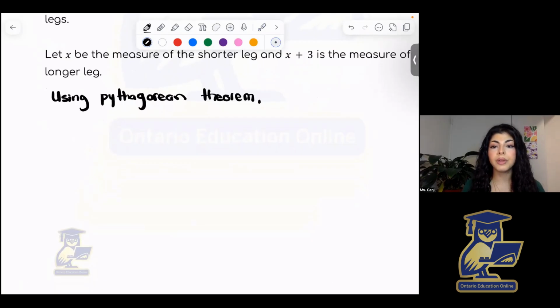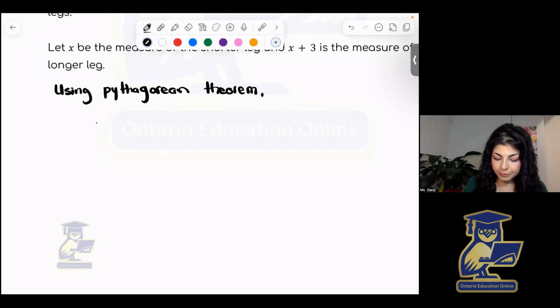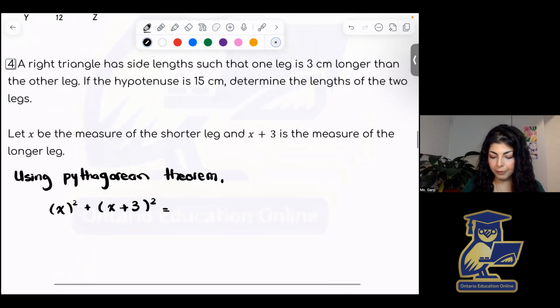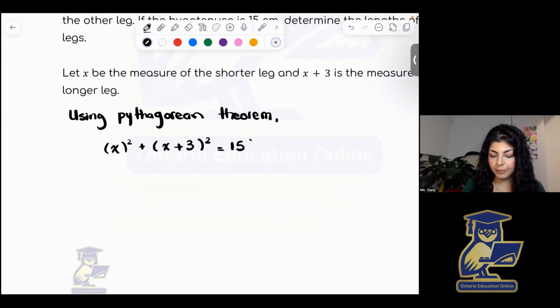But again, throughout this unit, you're going to see sine law, cosine law. So it is helpful to write which theorem you're using. So then x squared, and I'm putting brackets to show that x is the side length, and I'm squaring it, and then x plus 3 squared is equal to 15 centimeters squared.